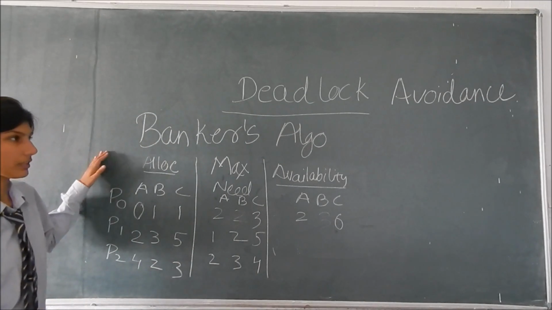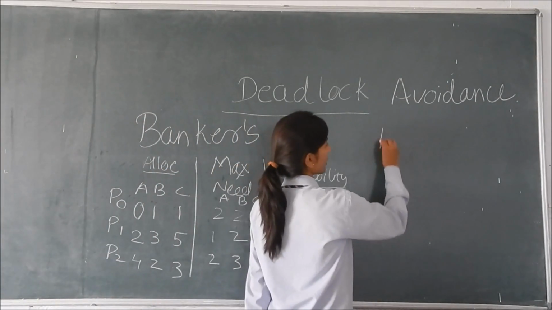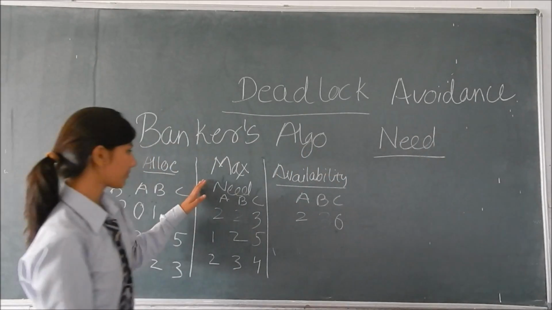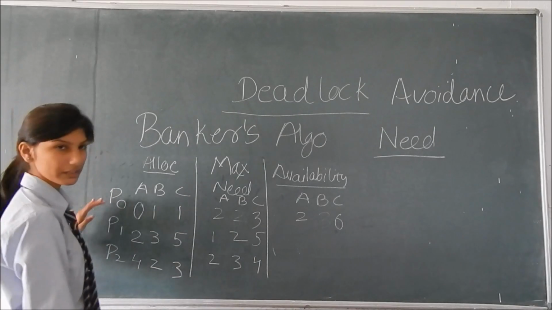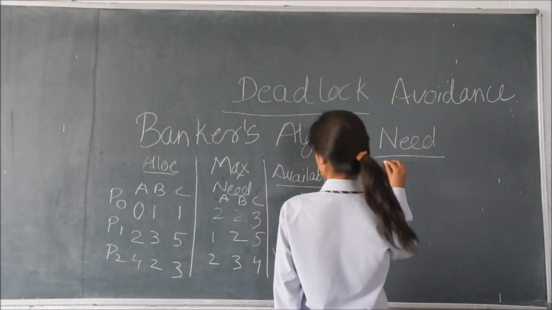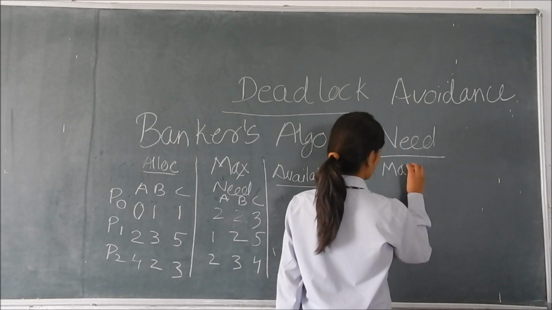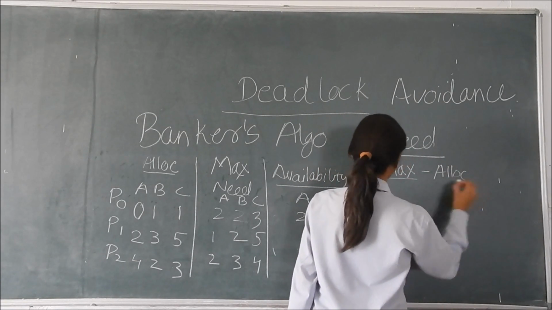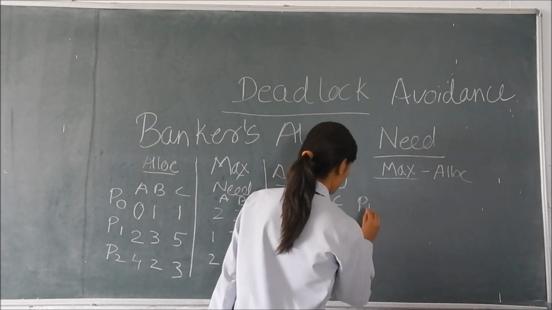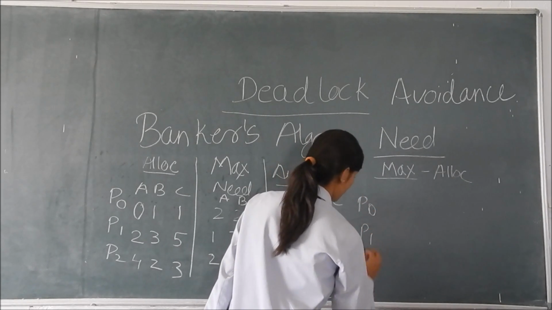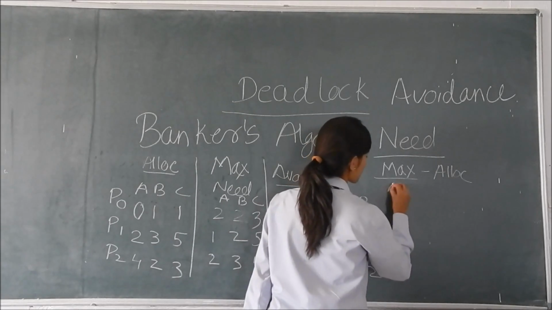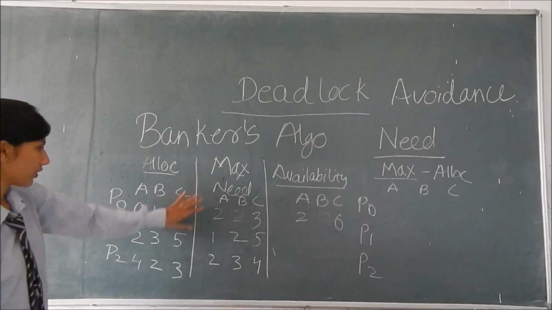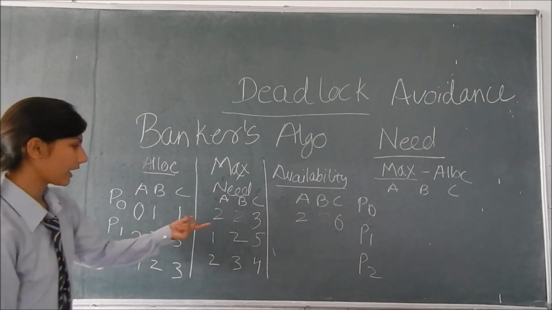As per Banker's algorithm, what we have to do is create a need table, which means maximum requirement minus allocation for these processes. Now, the need table is maximum minus allocation for P0, P1 and P2 for resources A, B and C. Let's see, for P0 it is 0, 1, 1 and 2, 2, 3.